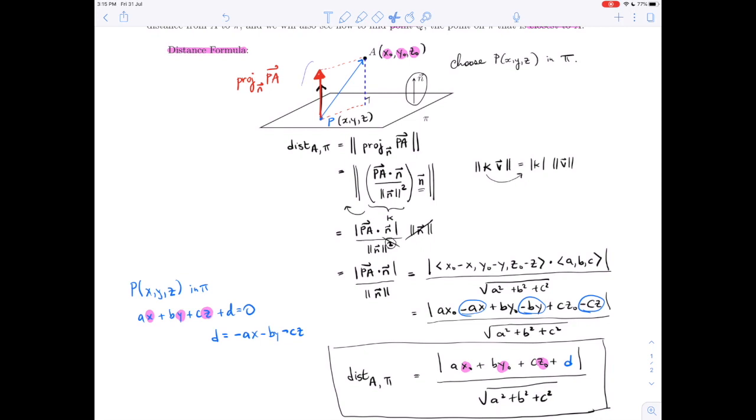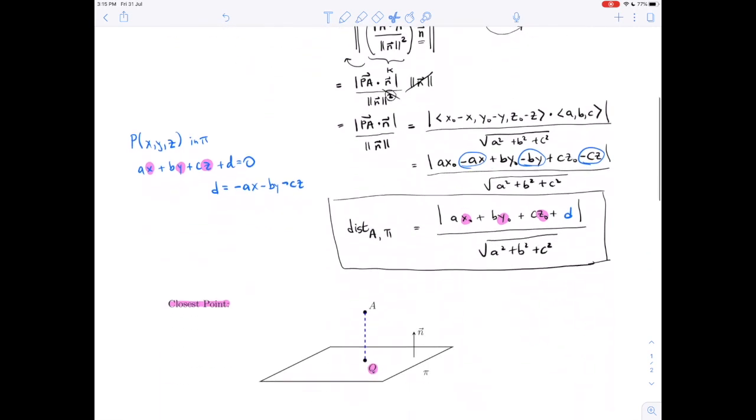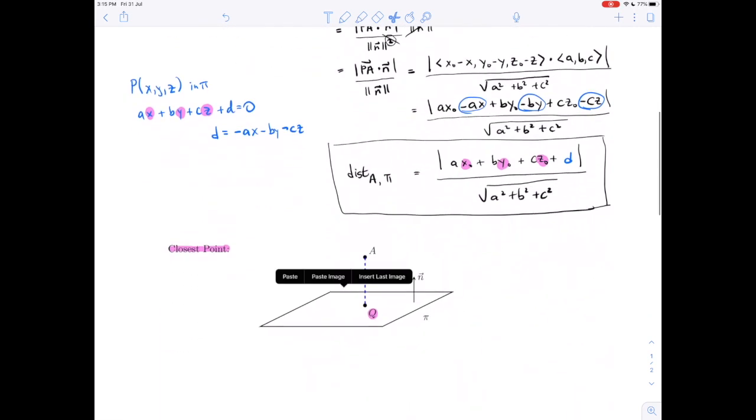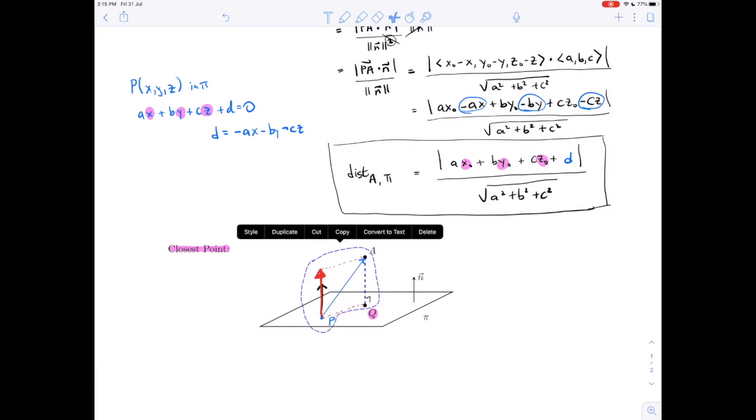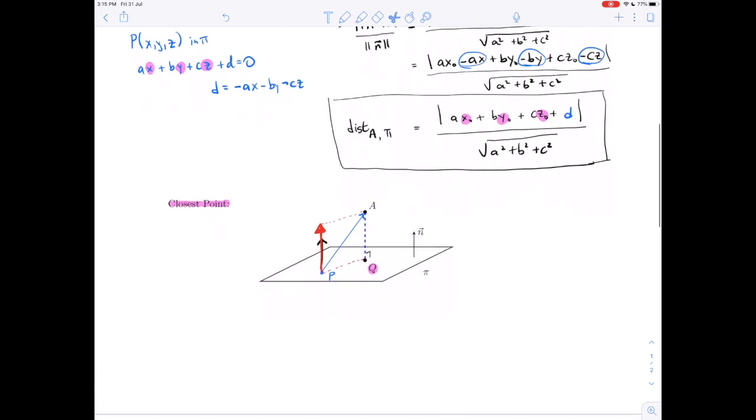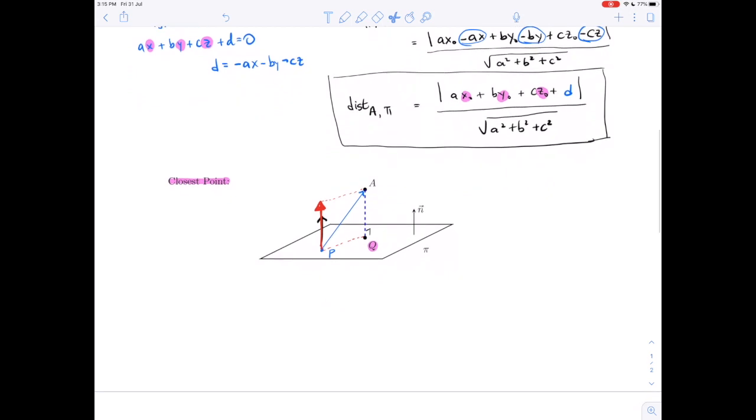So let's recopy what we have up here, and we'll bring that down here. And so if we take a look at our same diagram, so our same point P that is chosen and our same projection, we want to find this point Q.